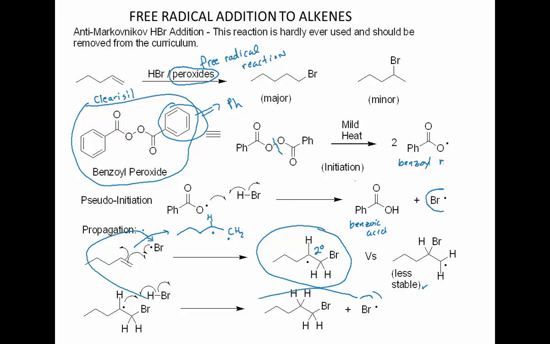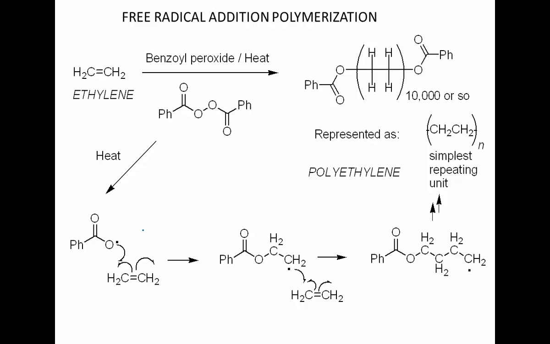The benzoyl peroxide is one of the cheapest and the most stable free radical initiators, so you'll see it used probably more than any other. Okay, so if we treat ethylene with benzoyl peroxide and heat, what we're going to find is that we turn our ethylene molecule into many, many repeating ethylene molecules.